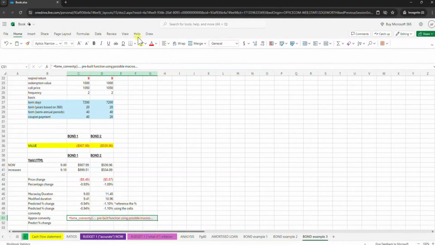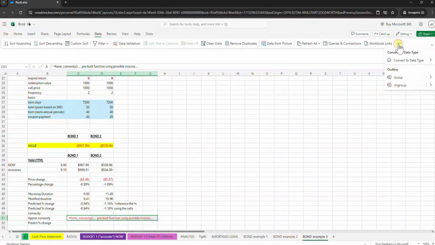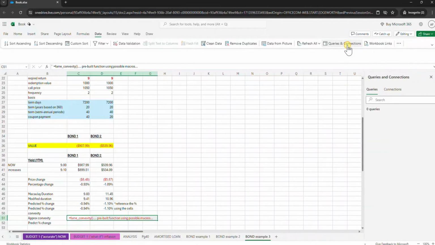Let me find it here for you. I think it's under data. There's a macro or a query there. All right, I think it might be this actually. No. Let's search for FAM here. No, it doesn't. Okay. Yeah, it's definitely an inbuilt function.